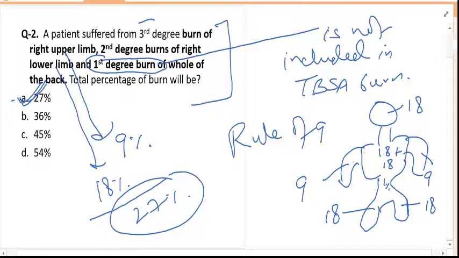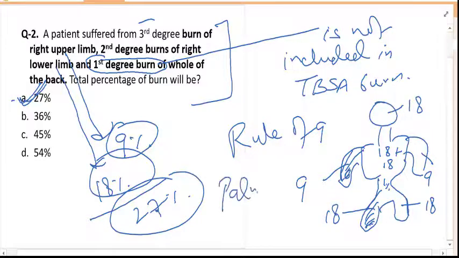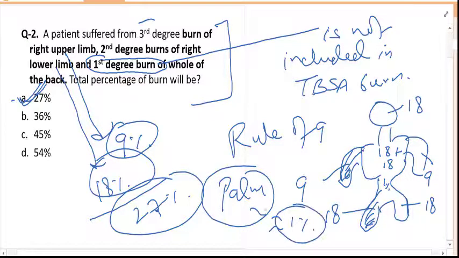So according to this, in our patient, this is a scenario. 1st degree burn of whole back, we will not include 1st degree burn. So that's why 9 plus 18, it comes out to 27%. For small patchy burn, palm of the patient is approximately equal to 1%. So palm is 1%. So this is rule of 9 in case of burn.